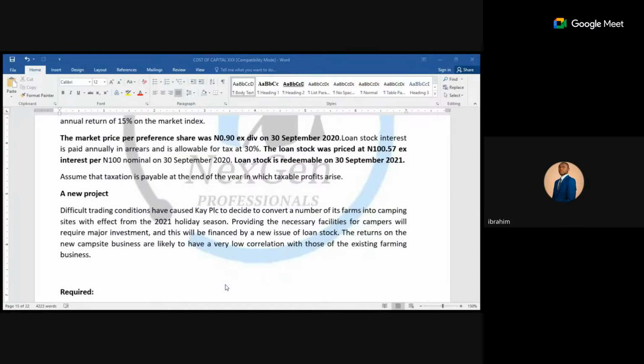Now, if the equity beta is less than 1, what will make it change? One, the new business venture may make the equity beta change because they may face some risk in converting their farm into a camping site.